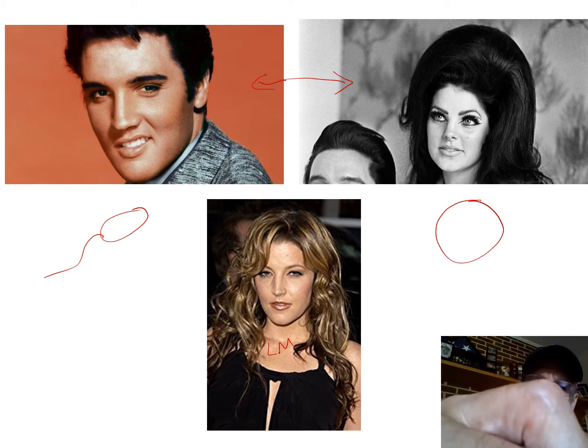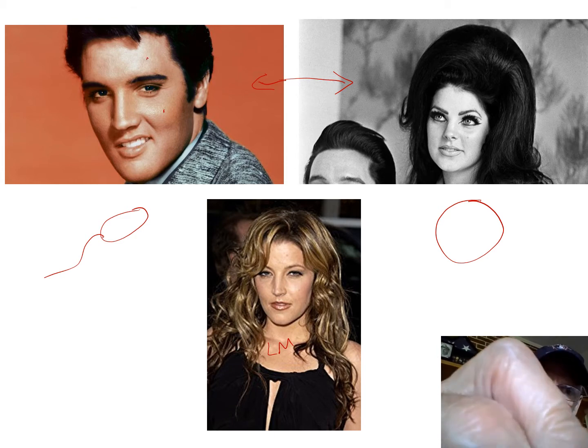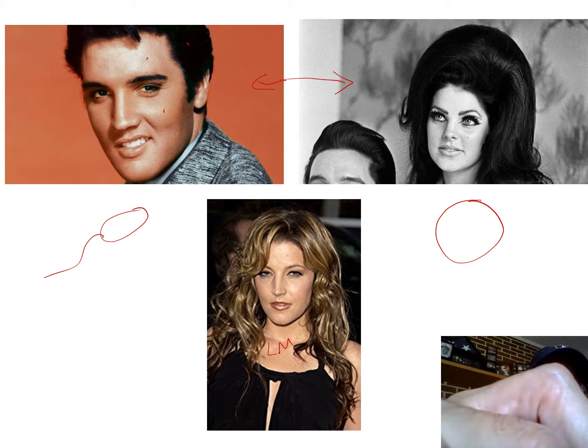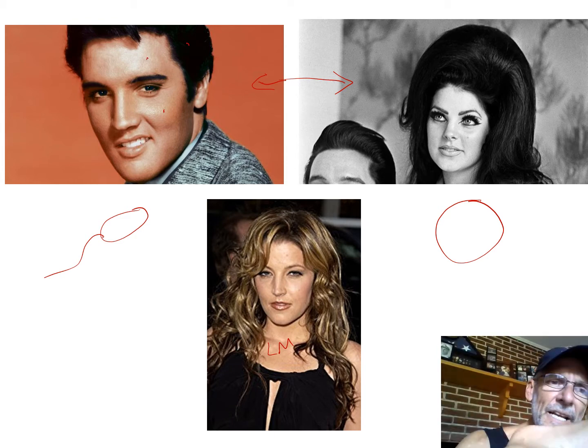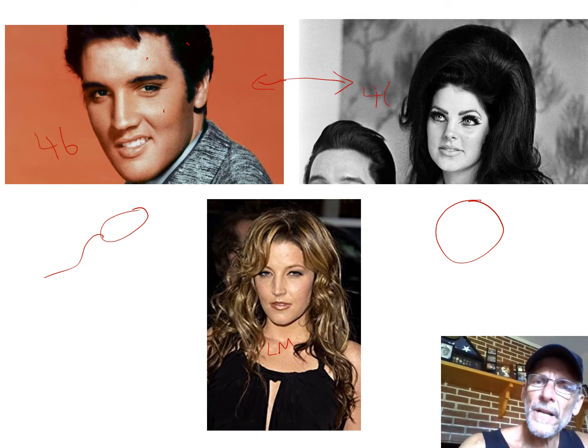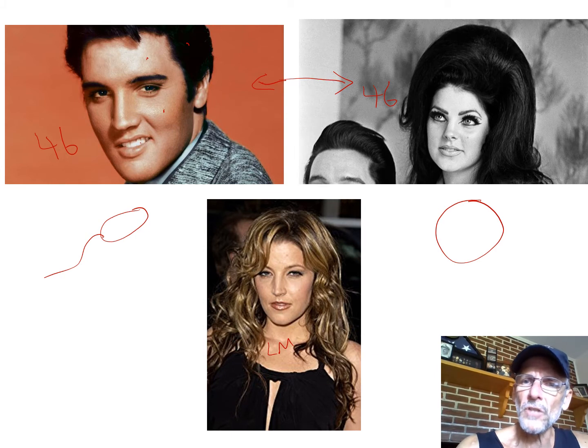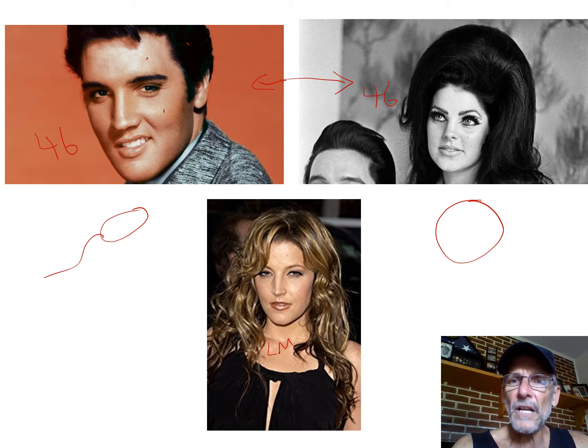How many chromosomes does Elvis have in all his skin cells, his hair cells, his bone cells, his brain cells? He has 46, right? How many does Lisa Marie have? She's a human being, even though she looks like the bride of Frankenstein. She has 46, right? If they gave all their chromosomes to Lisa Marie, she'd have 92, and they'd pile up too much.